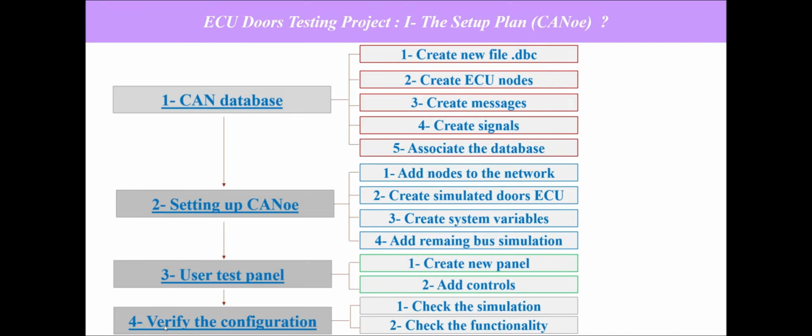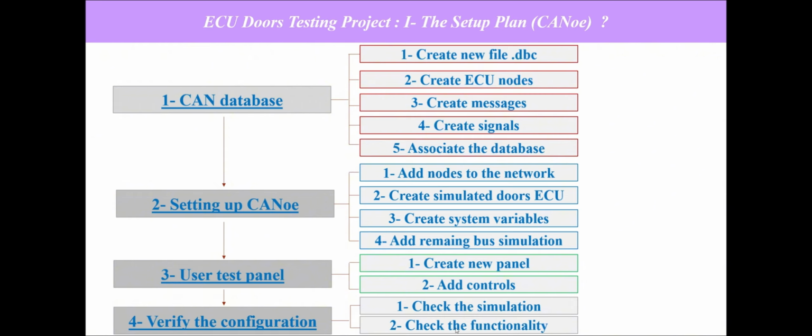and then we have verify the configuration, with 2 steps. We will see how we can check the CAN simulation. So we simulate the CAN bus and we see the exchange between our ECUs, whether it's working correctly or not. And we'll check the functionality.